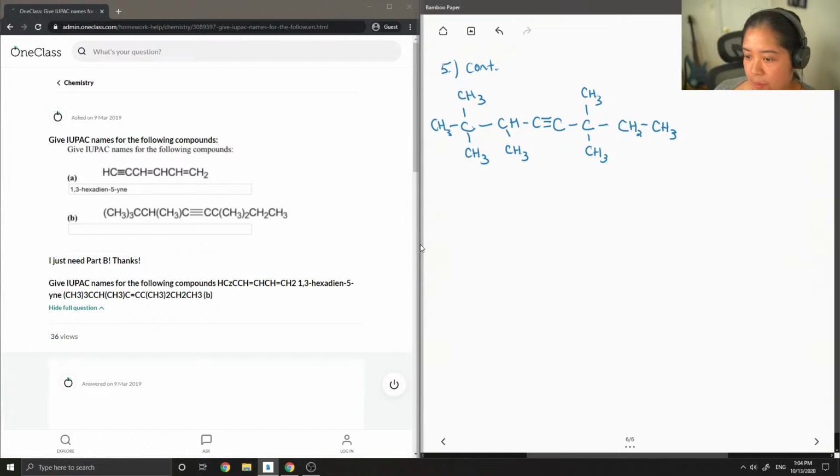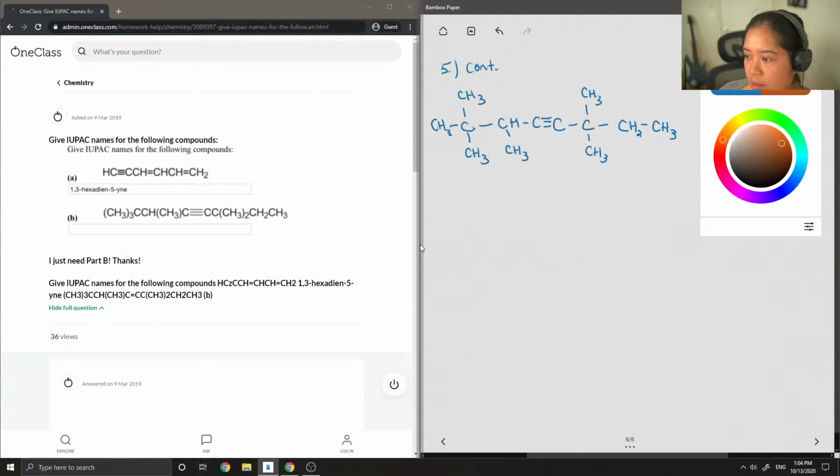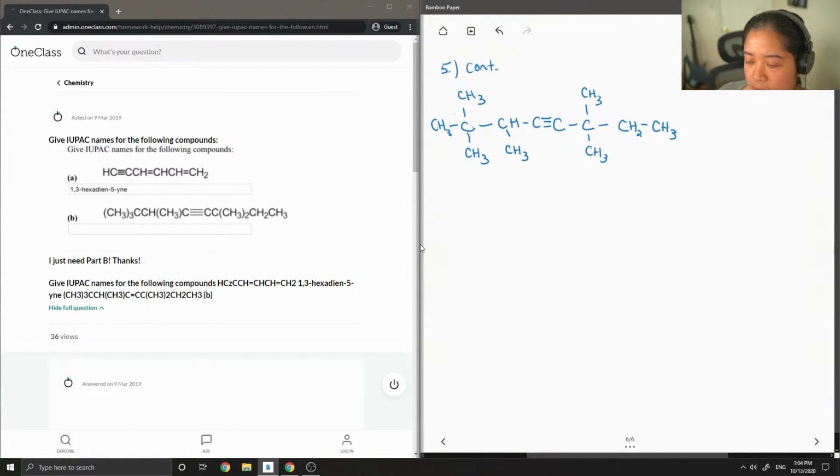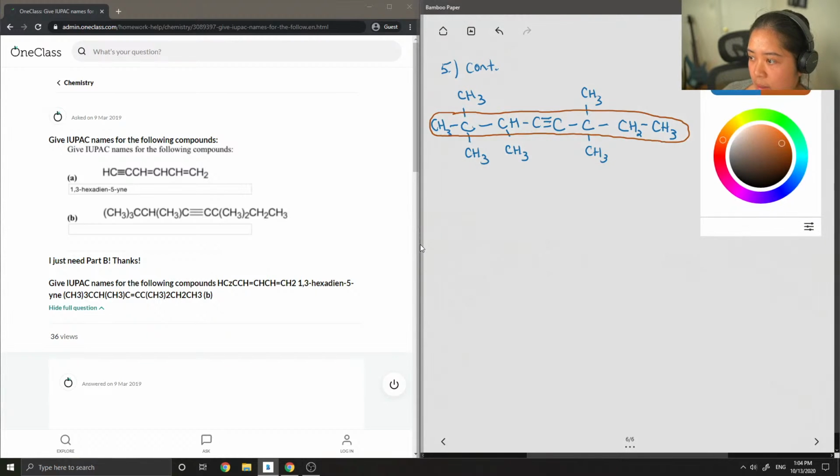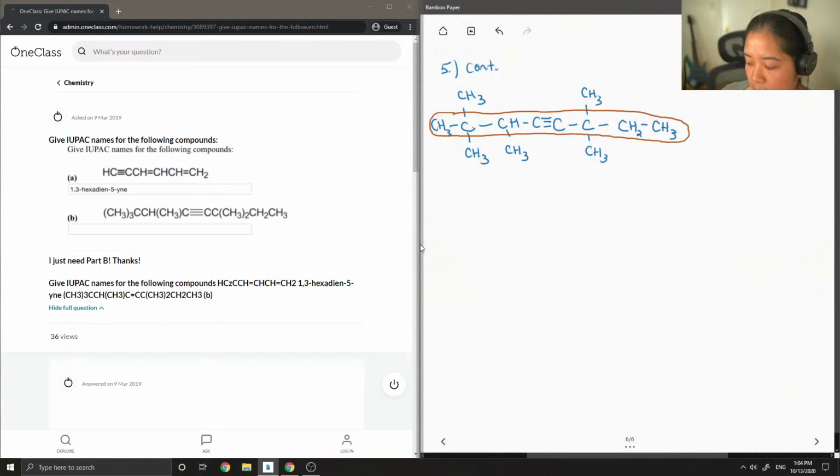So again, with the parent rule, we want to find out which chain has the longest amount of all the important things. So I'm just going to circle the parent. It starts from here, and this whole thing is our parent group. Then I'm just going to circle all of the different side groups.